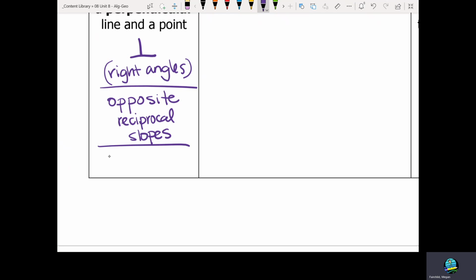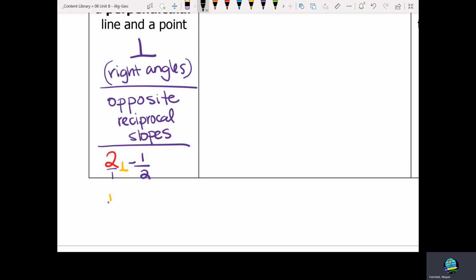So if I say 2 is the slope, if I need a line perpendicular to that line, it's going to have a slope of -1/2. It's like 2/1, and then you flip it. Okay? So those would be perpendicular to each other. Let's try another one.